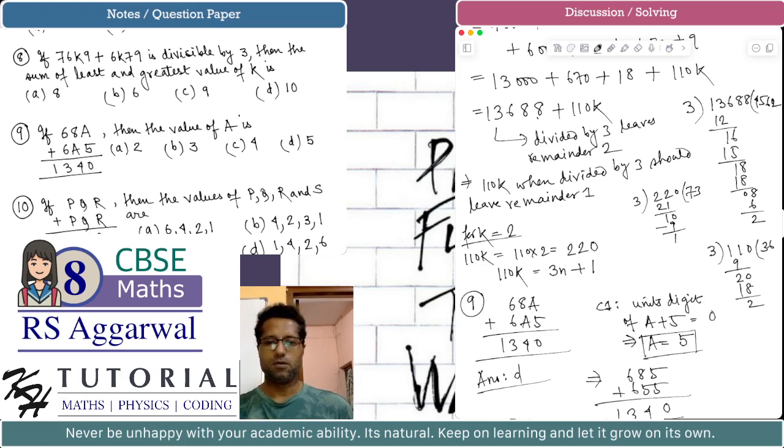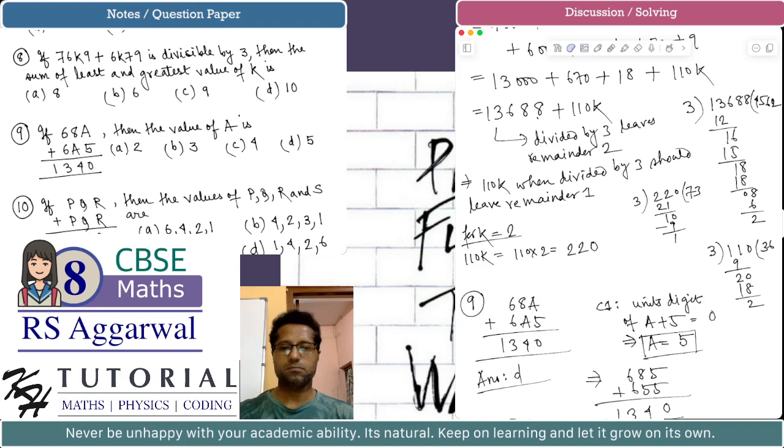For k equals 2, 110k is 220, which will leave a remainder 1 when divided by 3. But for k equals 3, 110k is exactly divisible by 3, and we need some value of k such that 110k leaves a remainder of 1. So if k equals 4, 110k will be 440.